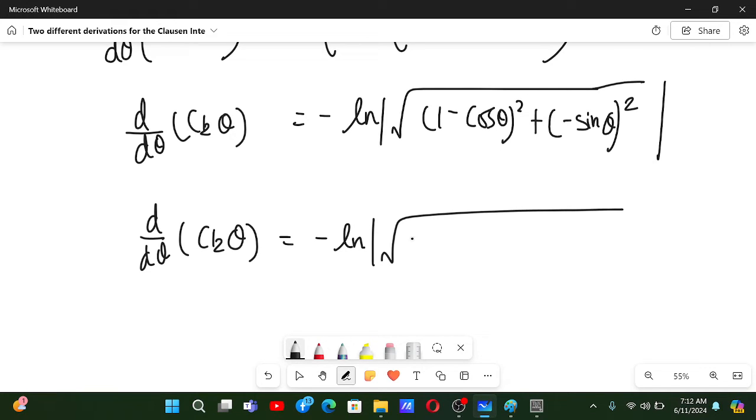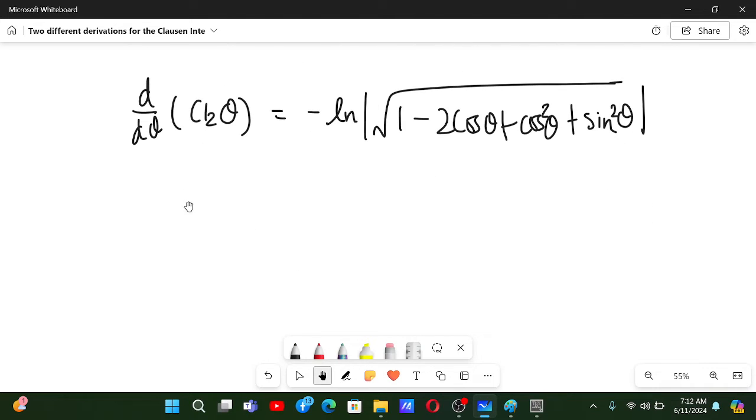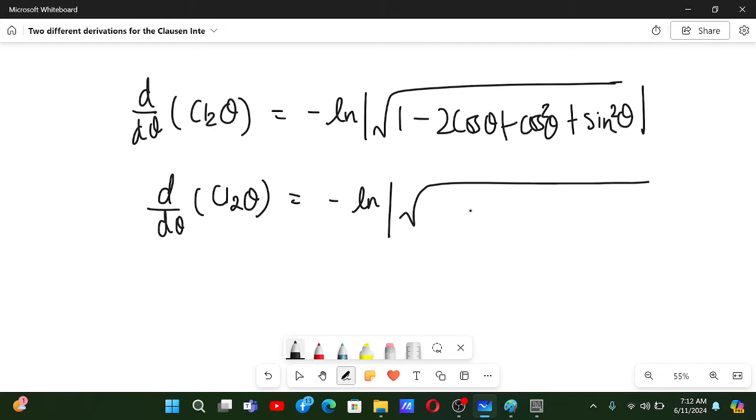This is just 1 minus 2 cos theta plus cos square theta plus sin square theta, and we know that cos square theta plus sin square theta is just 1. So the derivative of Cl2 of theta is equal to minus ln of, this is 1, this is 1, so 2 minus 2 cos theta.